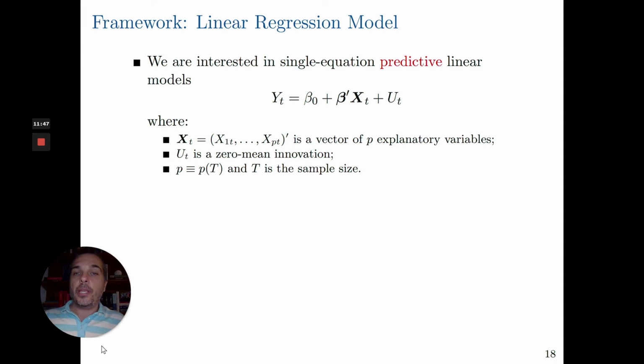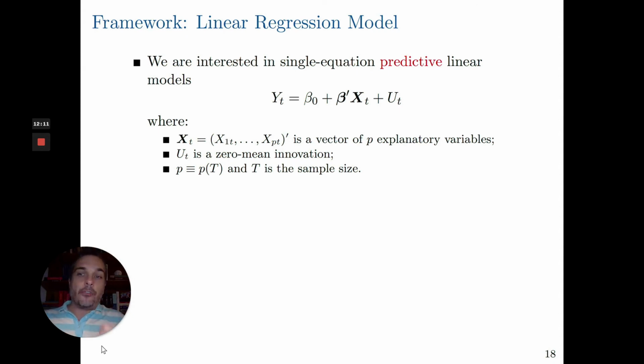So how can we overcome this? We can overcome this by creating a new asymptotics where P grows with the sample size. And more importantly, P grows faster than T. So P diverges before T diverges.